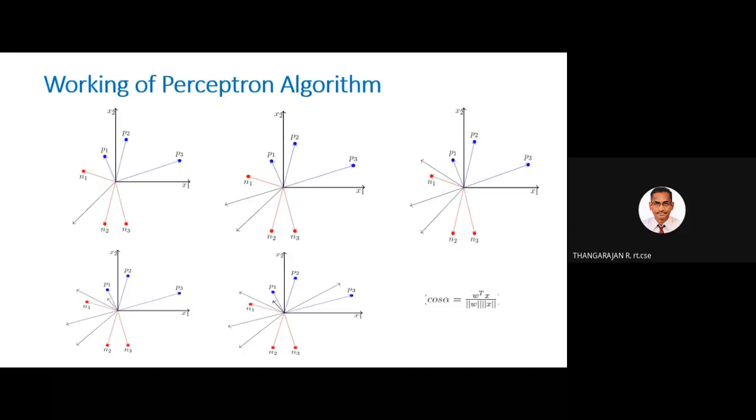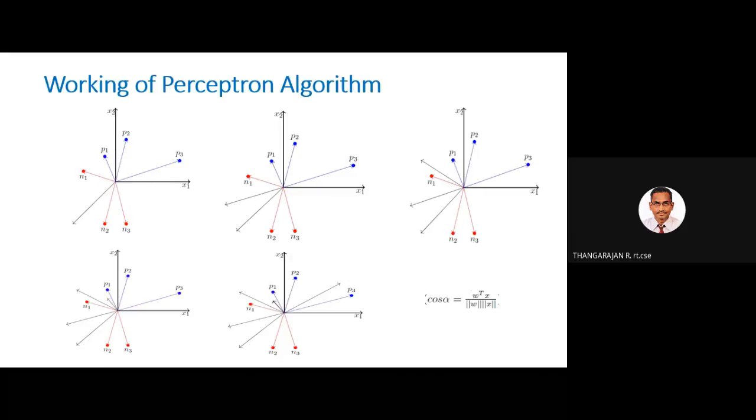You see that the angle between the positive sample and the arbitrary random weight is greater than 90. When it's greater than 90, W transpose X will be less than 0. It's a positive sample, but W transpose X is less than 0. That is wrong.